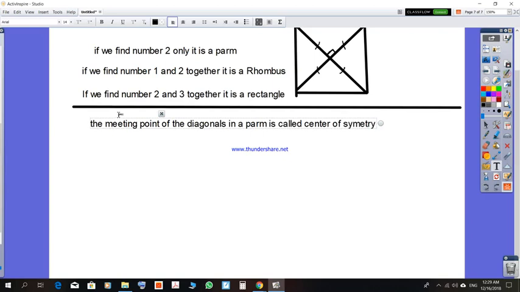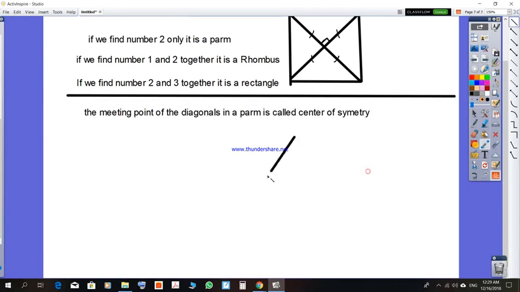Center of symmetry. It is a point of symmetry.